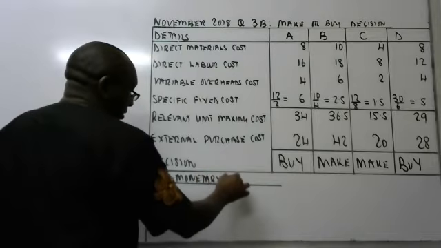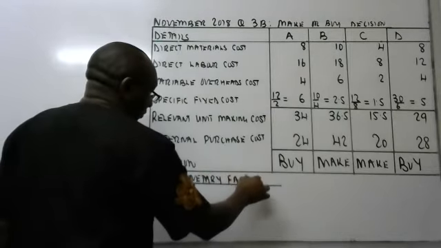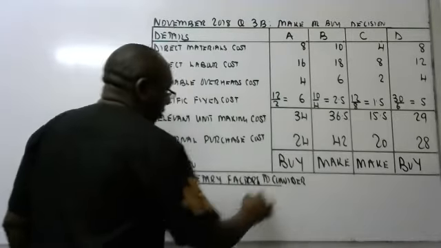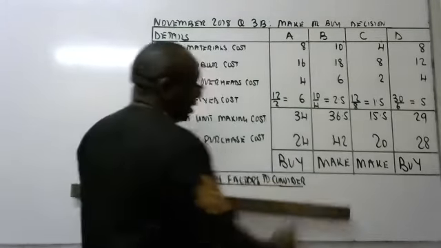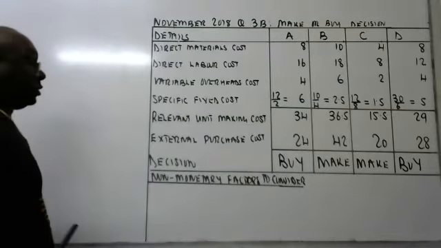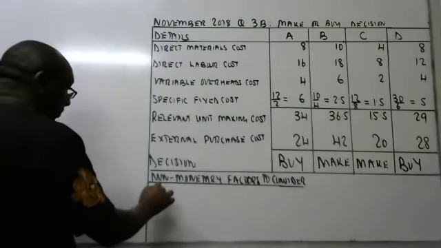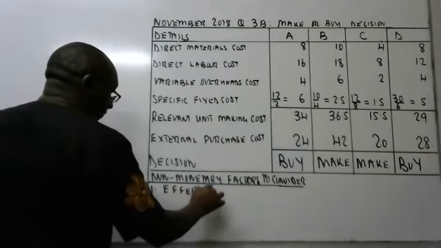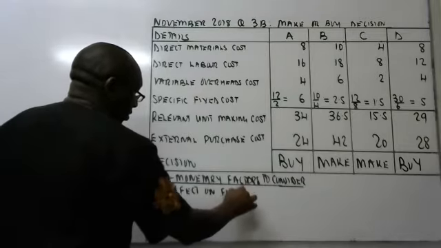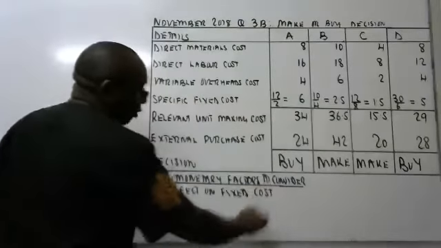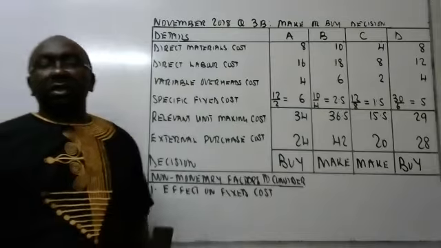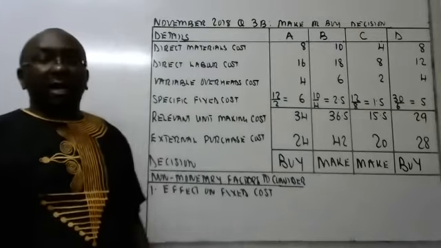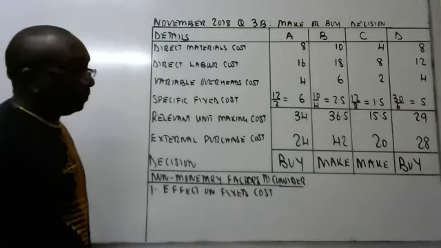Now, these non-monetary factors to consider, you remember, we kept on saying effect on fixed costs. You see, like now we have ignored the general fixed costs because we are taking that they will not change. But we must be sure that that will exactly be so.